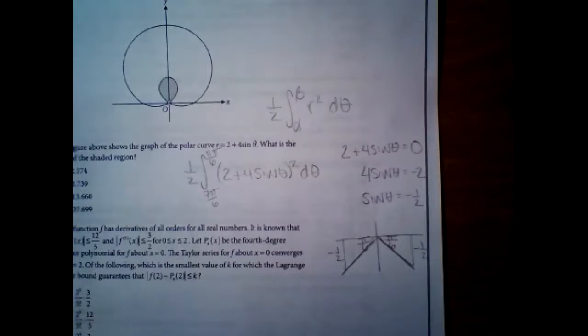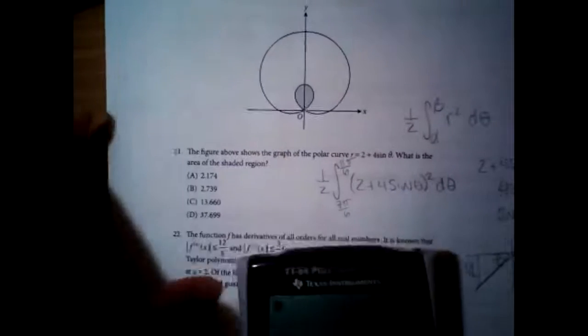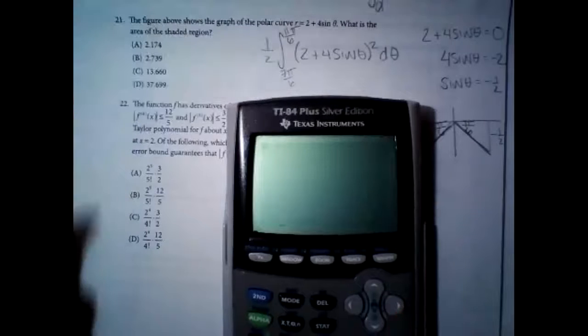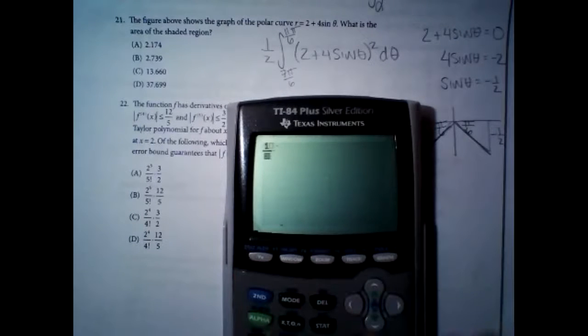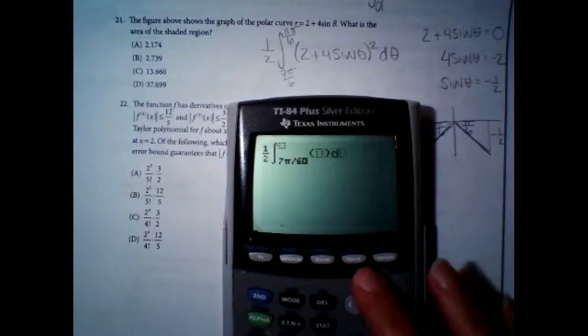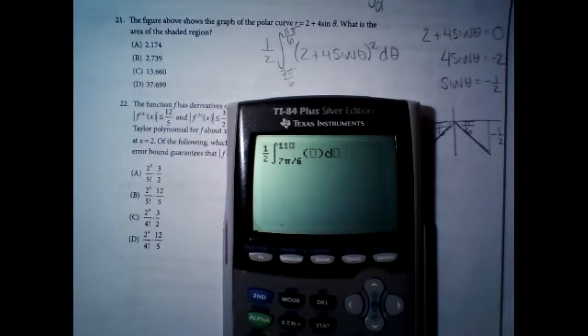So then we're going to type this in the calculator. Let me make sure I'm in radian mode. You don't need to be in polar mode to type this. And in fact, you can just type x instead of theta, because we're really just trying to type in this integral. So 1/2 integral from 7 pi over 6 to 11 pi over 6.